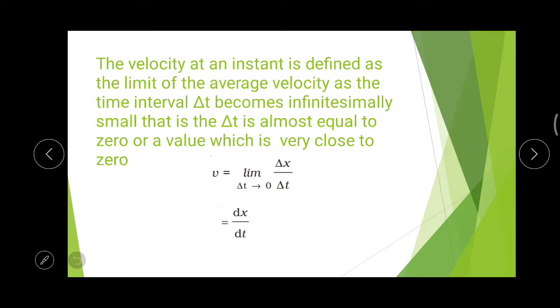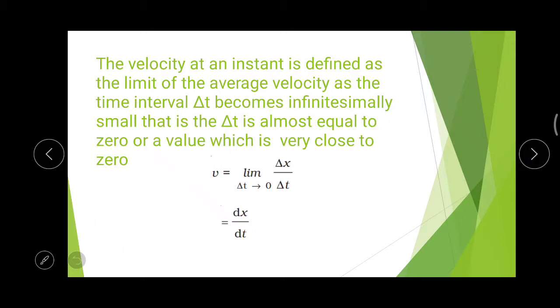We have already discussed yesterday that if these values are given, then you can find the average velocity as delta x by delta t, that is x2 minus x1 divided by t2 minus t1, isn't it? So if you have these values, then easily you can find the average velocity.